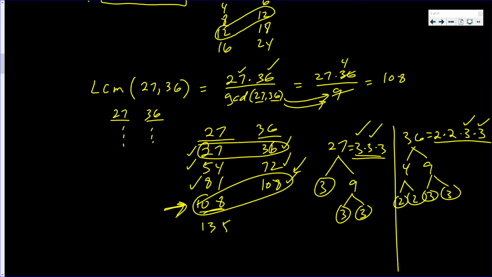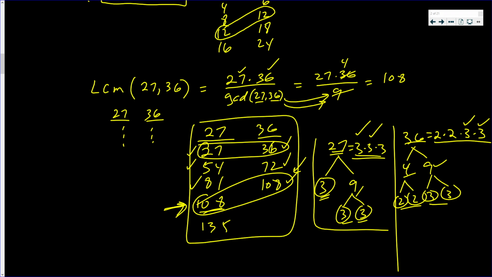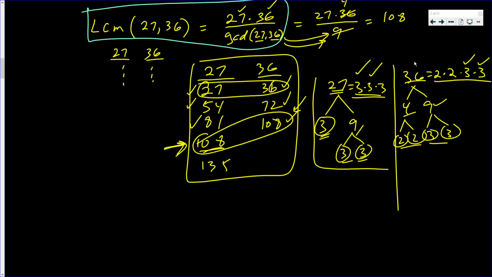I'd rather make numbers smaller. Here, I have 27. I deal with 3, 3, 3, and 9. For 36, I deal with 4, 2s, 3s, and 9s. Over here, the numbers are getting bigger and bigger. I'd rather find the GCD than the LCM. And here is the rule, at least for 27 and 36.